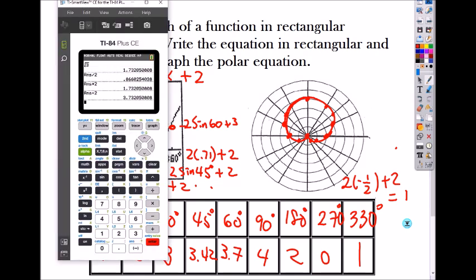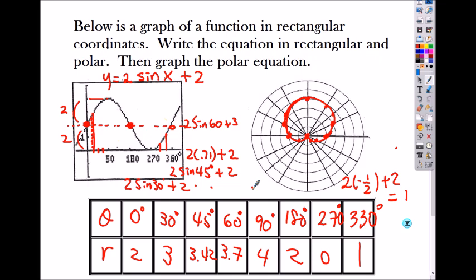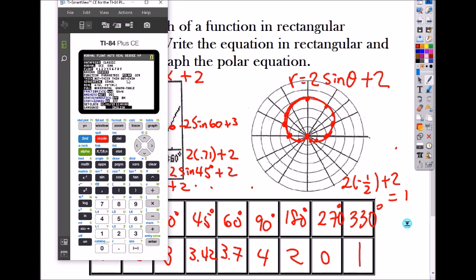So what you can do is go to your equation and change the mode to polar. And what will be the equation of this? It has the same theta and radius, so you can just write it as r equals 2 sine of theta plus 2. Okay? So then what can I do? Go to polar and then put the equation in, 2 sine theta plus 2, and just hit zoom 6.